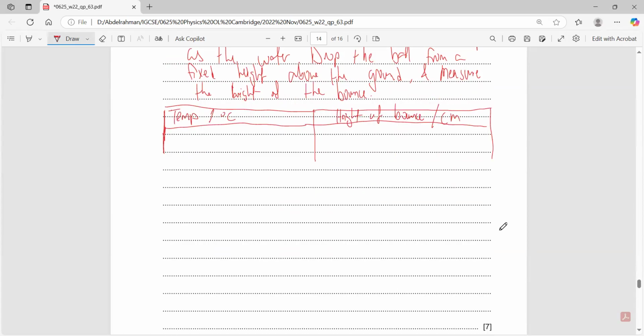And then, last but not least, we can write down a very simple conclusion. For each temperature, repeat the experiment and take the average. Record the readings in the table.